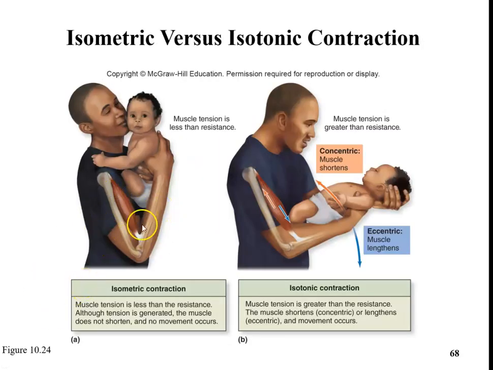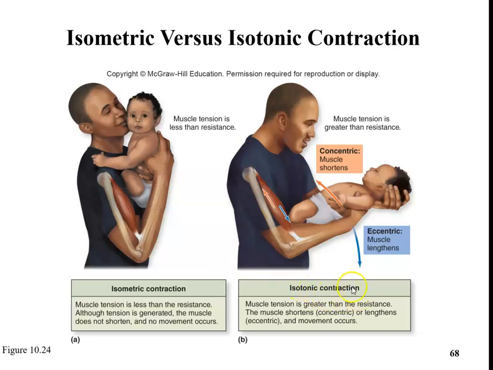Okay, here we have the difference between isometric and isotonic contraction. So isometric, the muscle tension is less than the resistance, so there's not going to be any movement that occurs. The muscle is not going to shorten, but tension is being generated.